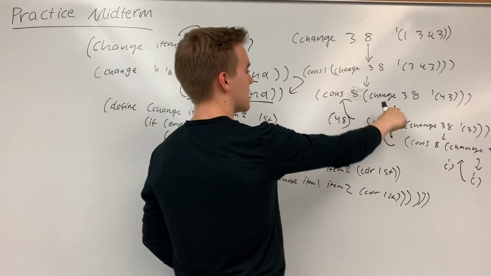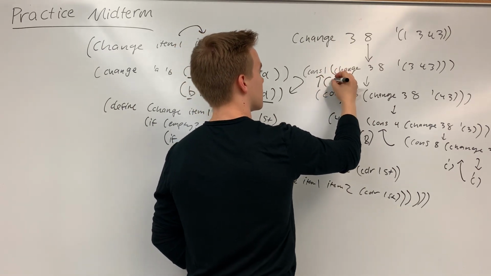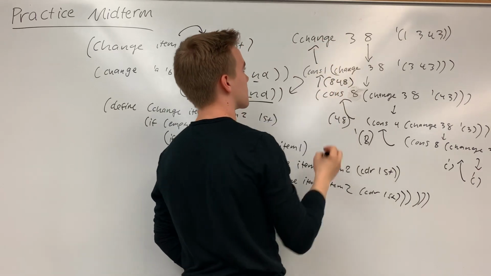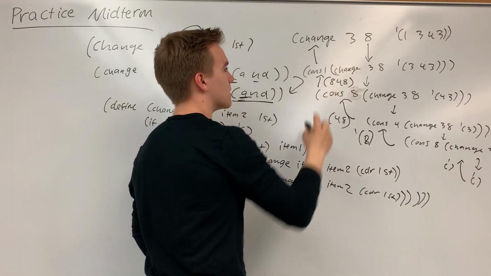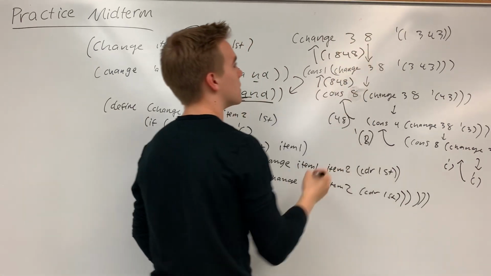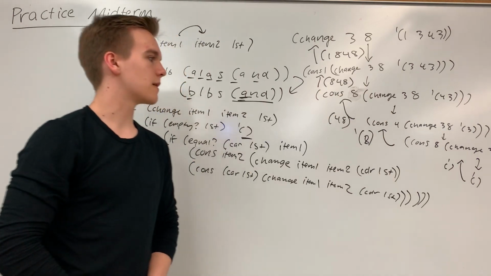This guy cons is 8 onto the return of this, so this will return 8, 4, 8. And then this guy will return 1, 8, 4, 8. Does that seem right? I've replaced all the 3's with 8's, so I think that's right.